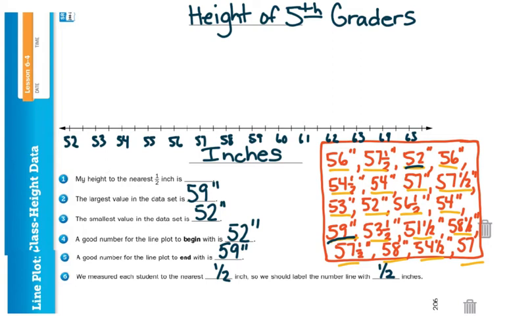Now we're going to go ahead and represent that data with X's. So let's start with 56 and go ahead and cross it off. Put an X. 57 and a half.